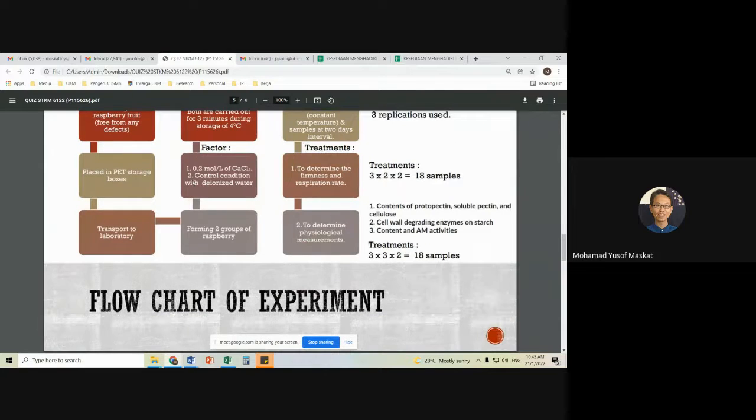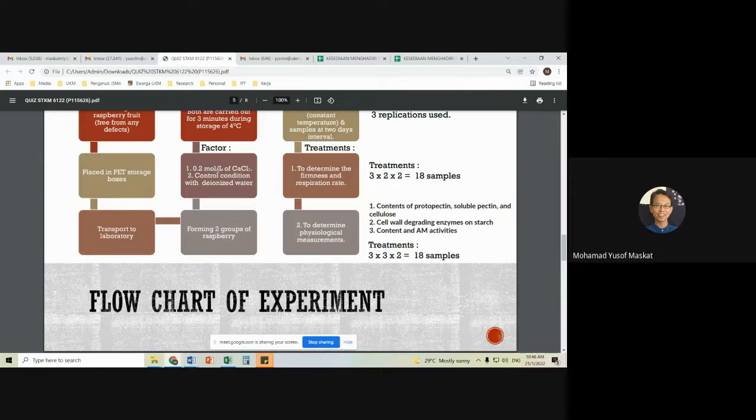So if we were to say that these are two factors, the first factor is calcium chloride. How many levels are there for this factor? It's only one level, right?